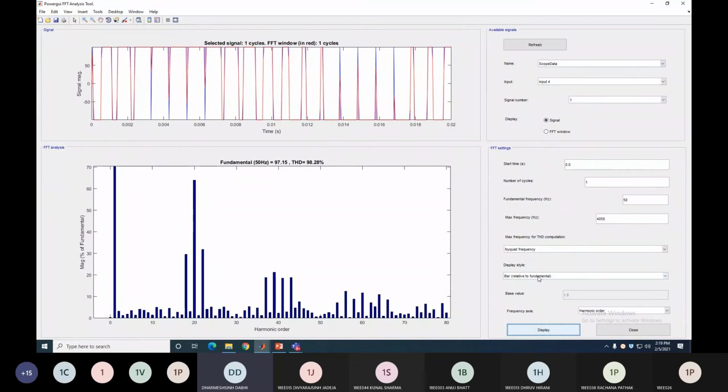So you need to design the filter with a smaller value of L and C. So ultimately the size of the inverter or filter is less and the overall cost of the inverter becomes economical. That is the biggest advantage of using the SPWM technique. That's why in all practical inverters, we generally prefer this SPWM technique because of this advantage.